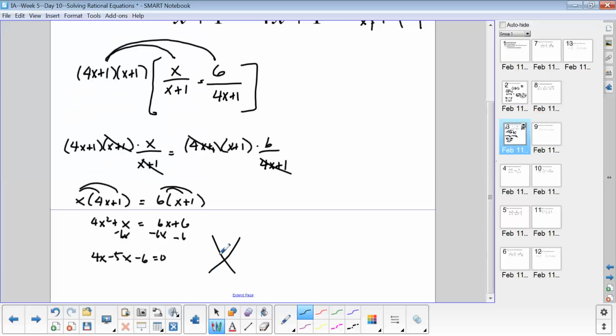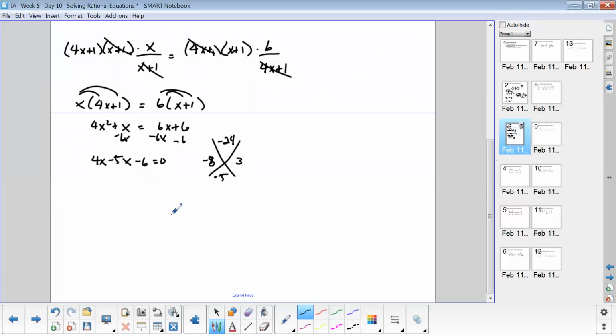And I need to factor, and a is not 1, so I'm going to multiply a times c and give me negative 24. It's got to add to give me negative 5. So it'll be negative 8 and positive 3. And so I write the first term. That's 4x squared minus 8x plus 3x minus 6.